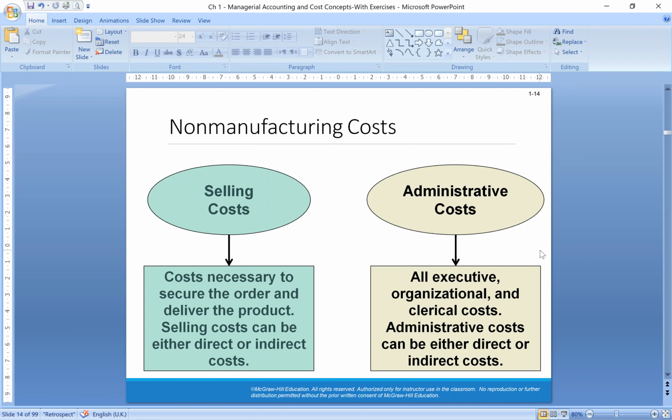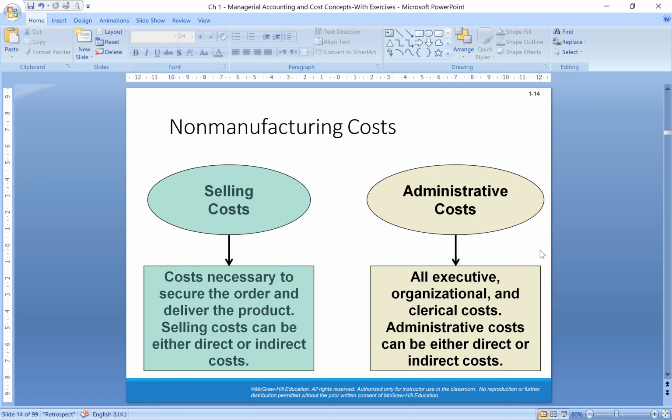If you remember the table, we include the direct material, direct labor, and the manufacturing overhead for the cost of the table. But the selling expenses are not an integral part of the table, then it will be non-manufacturing.